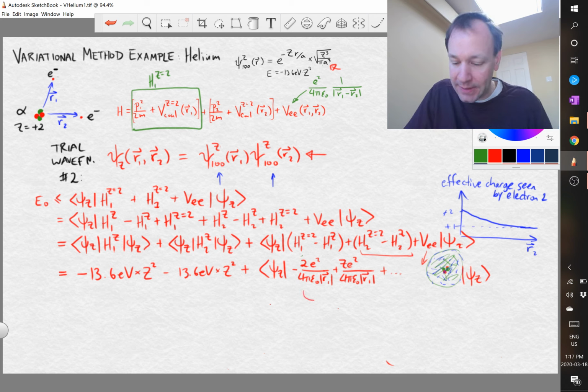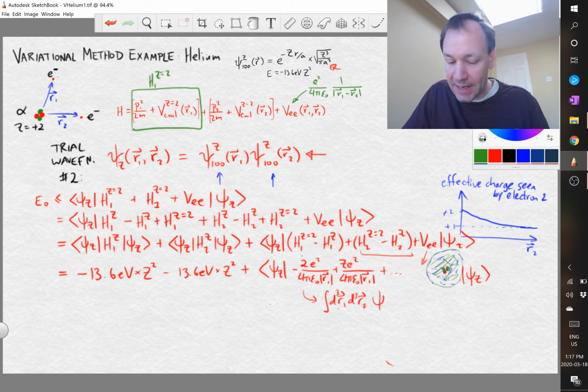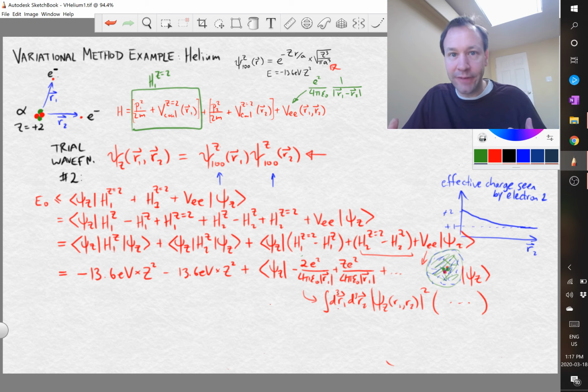So this turns into the integral d cubed r1, d cubed r2, and then we have our psi z of r1, r2 squared, and then we just have this big function of r1 and r2, and we have to do the integral. And again, I'm not going to do the integral in this video, and I'll refer you to the details in Griffiths. Okay, but I'm going to write down the answer.